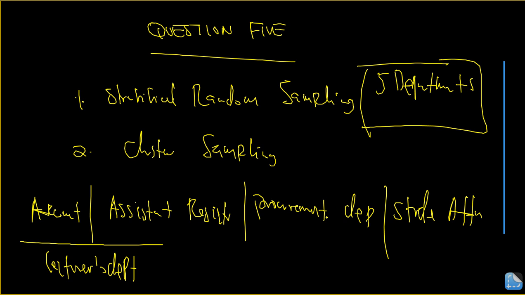Now, if you were employed by GSB to conduct a stratified random sampling of GSB departments, what you would do is, in each of the 5 departments, based on the sample size you want, let's say you are looking for a sample size of 30, which is a minimum for quantitative studies, by the way.